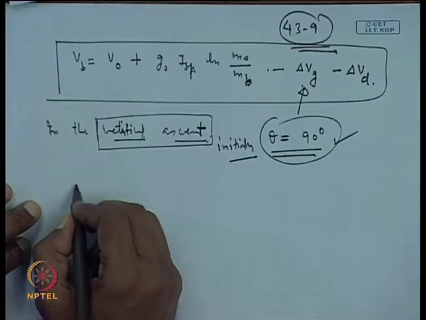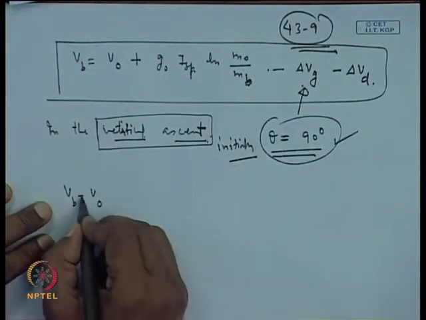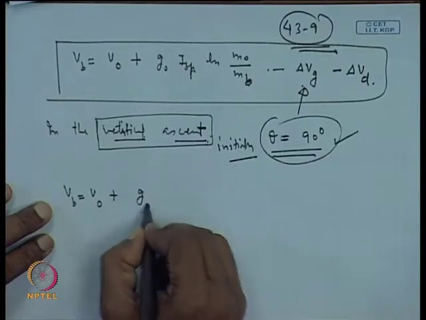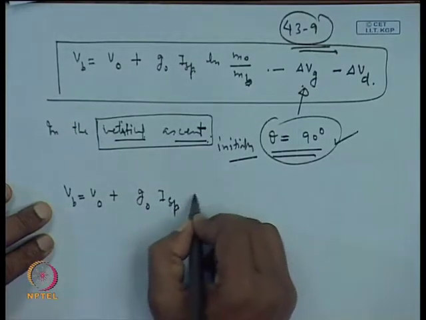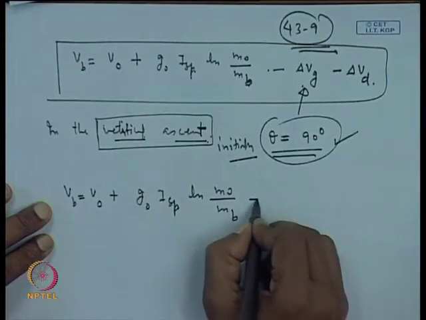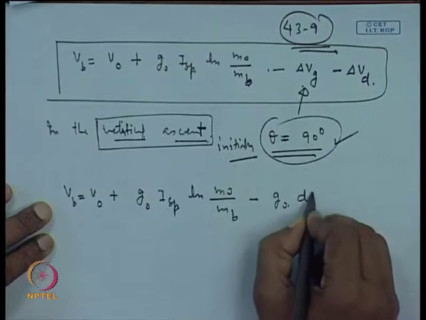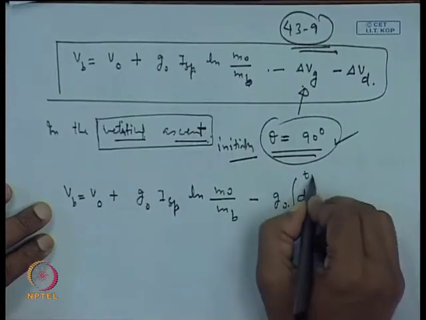So, in that case, just by removing the drag term, we can write this as I s p g 0 ln m 0 by m b minus g 0 integral d t from 0 to T b.